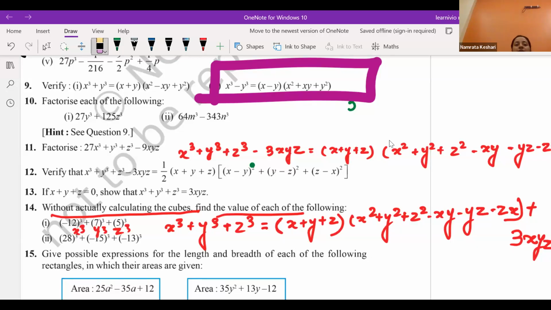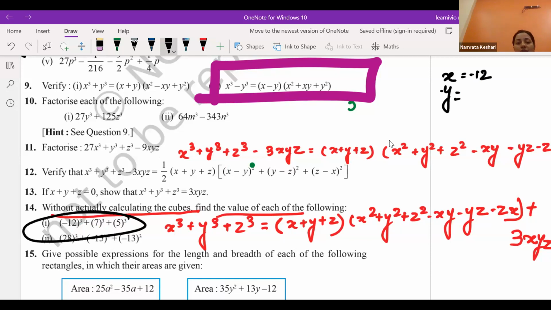So first we will try this much calculation we have to do. Don't worry, you don't have to do this much calculation. You will just find first x plus y plus z. Your x is minus 12. Your y is, see, I'm talking about the first question, your y is just 7 and your z is just 5. Please do x plus y plus z according to this format. Just add them all and tell me what you are getting.